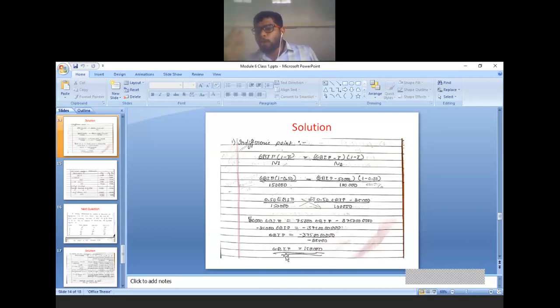So you should know how to solve the equations. I hope you have studied how to solve equations in regression analysis. Especially in regression analysis last semester you have studied already how to solve equations. In this equation, if you make even a small mistake, you will get a different answer.